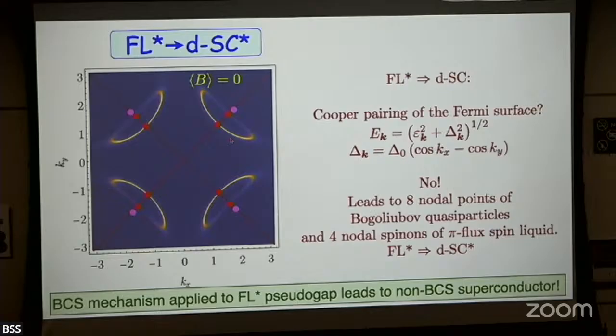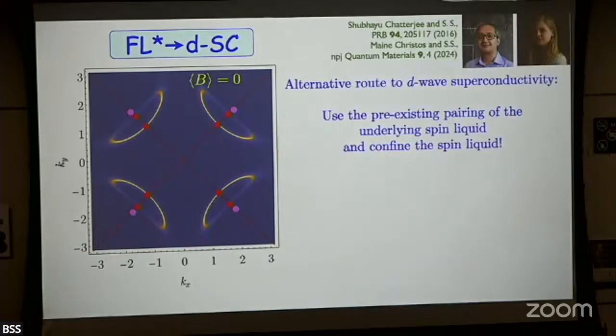Would it also be wrong because it would get the wrong number of nodes? Well, you're saying, suppose I had a fluctuating spin density wave theory coexisting with the D-wave superconductor. If such a thing is possible, it would have 8 nodes then. All right, so that's not right.